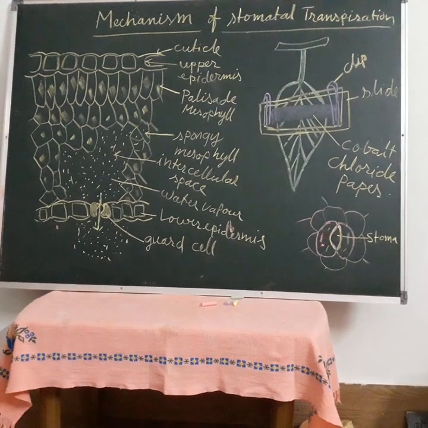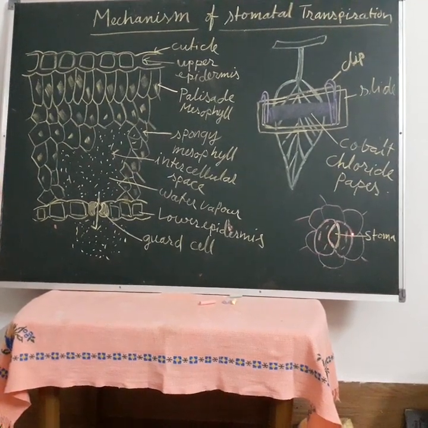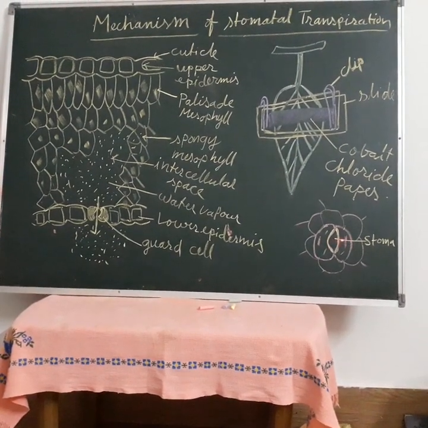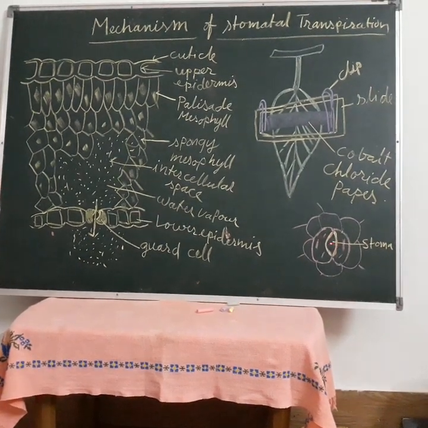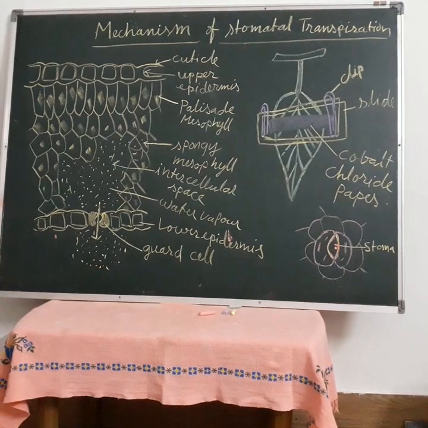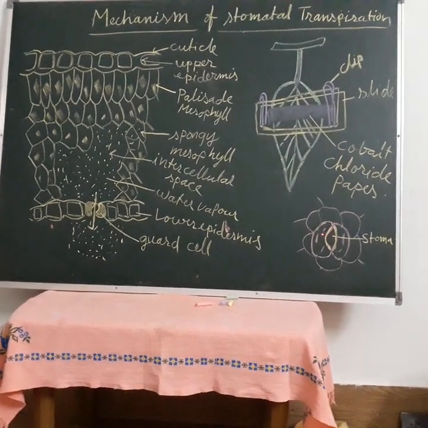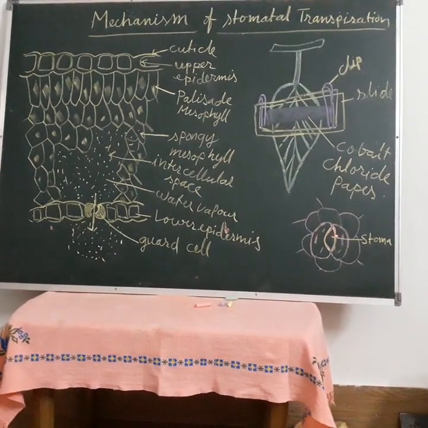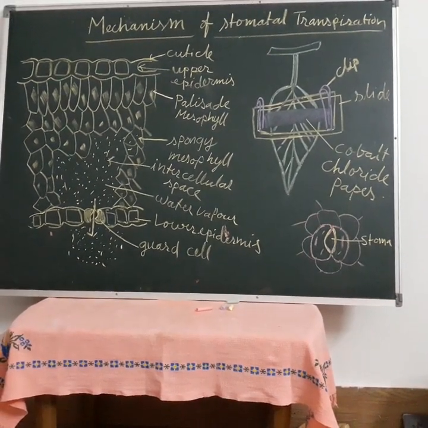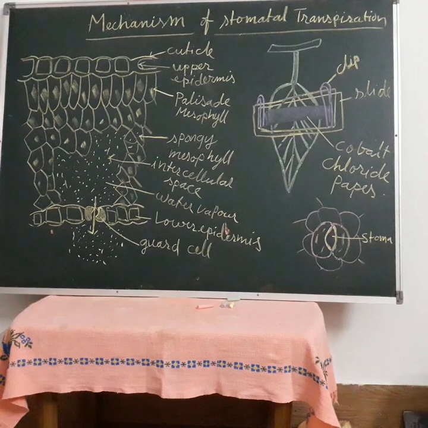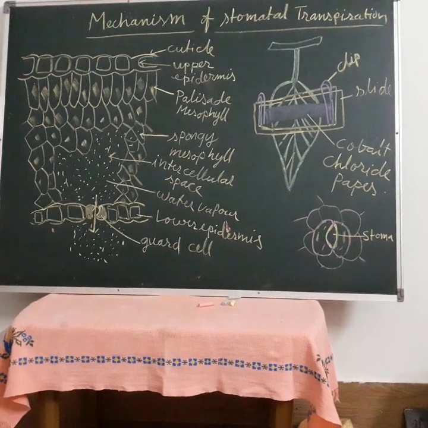So water is needed and solute is needed for the opening and closing of stomata. If the guard cells are turgid, the stomata will be open, and if the guard cells are flaccid, the stomata will be closed.